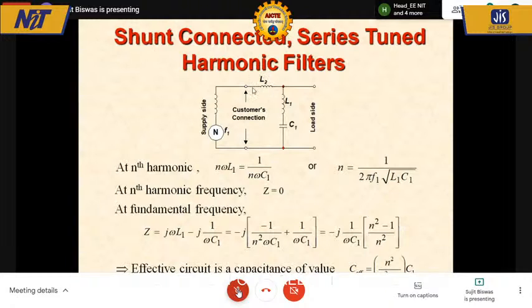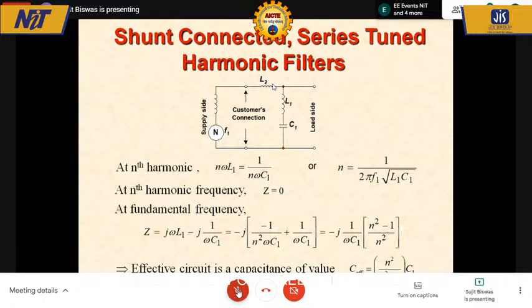Why did I put the value L2 here? If I put a filter onto my premises, it's perfectly all right that I'm operating. And remember that you are making an effective capacitance at the lower harmonics, which we will deal with almost towards the end.